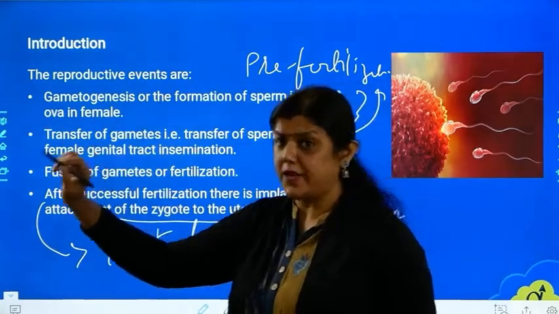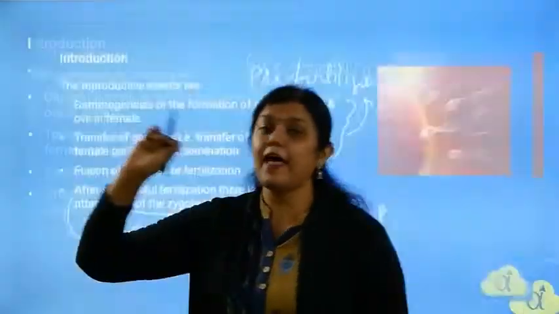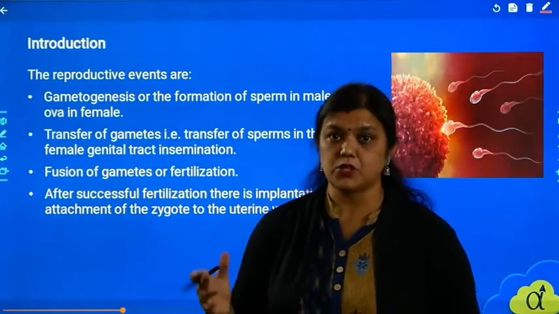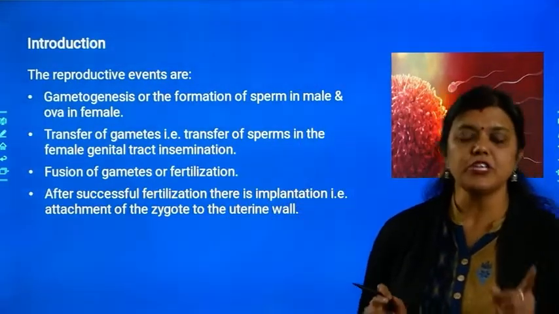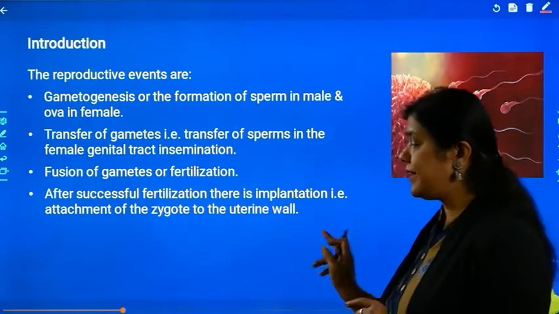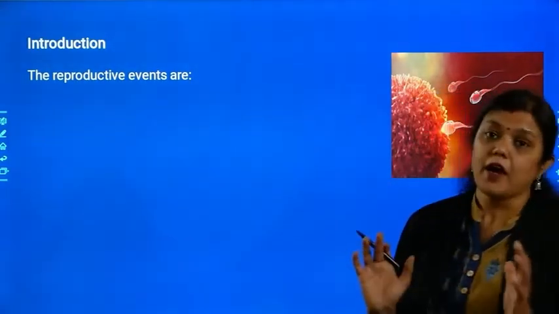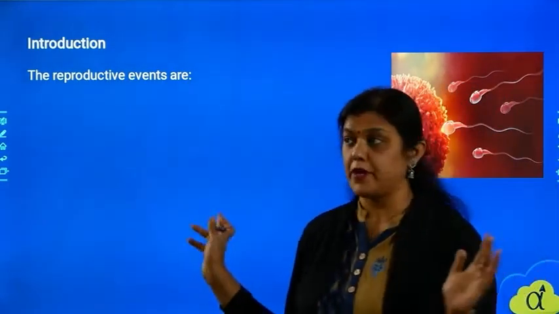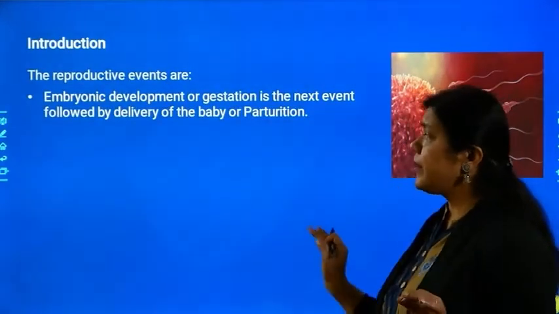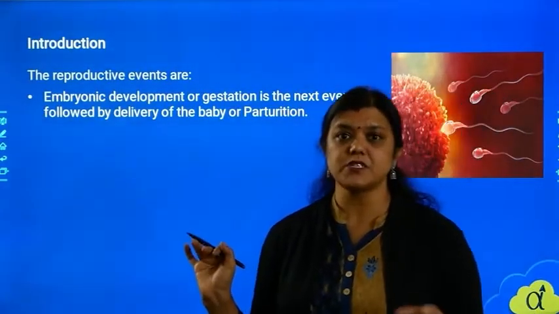One more thing that is very important in post-fertilization events is giving birth, called parturition. Parturition and lactation are also included here, so that we complete the whole process of reproduction. Embryonic development or gestation is a very important part.